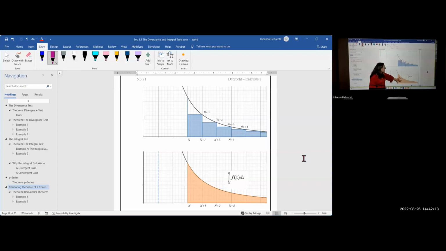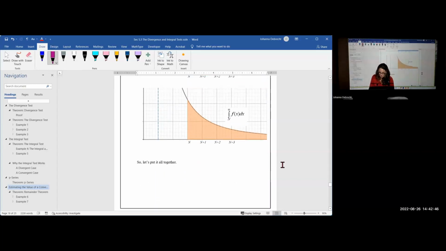And this has to have more area than this Riemann sum, and this Riemann sum represents R sub n, the error. If I take the first n terms, a sub 1, a sub 2, a sub 3, a sub 4, all the way up to a sub uppercase n, and I use those to approximate, this is what I'm not including. This is the error that I have. And this has to be greater than that because this is an underestimation.